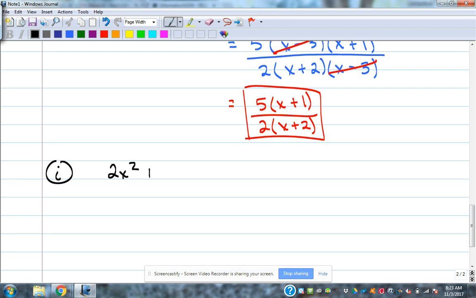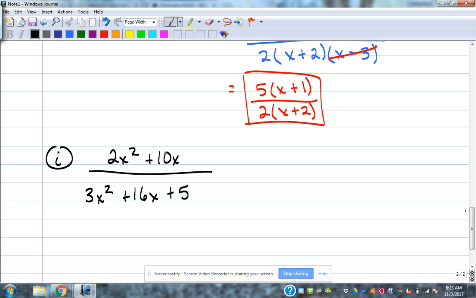Two x squared plus 10x over 3x squared plus 16x plus 5. Let's simplify that.